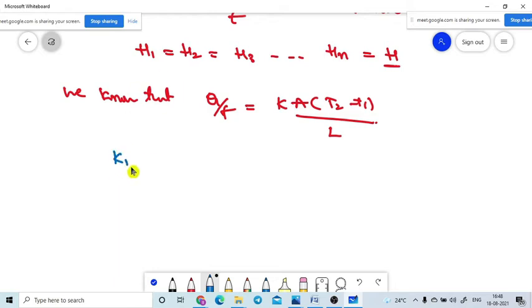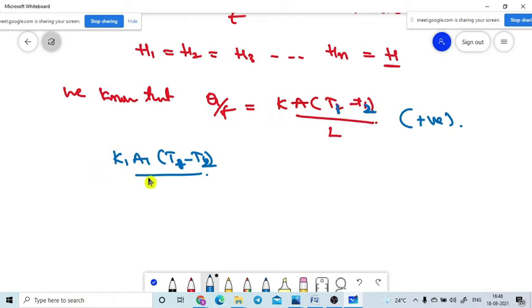So K1 A1 into the temperature difference from highest potential to lowest potential. I did not mention the negative here. I need to mention from highest potential to lowest potential, so shall I write T1 minus T2, because it is the positive term. If it is a negative term we can write T2 minus T1.